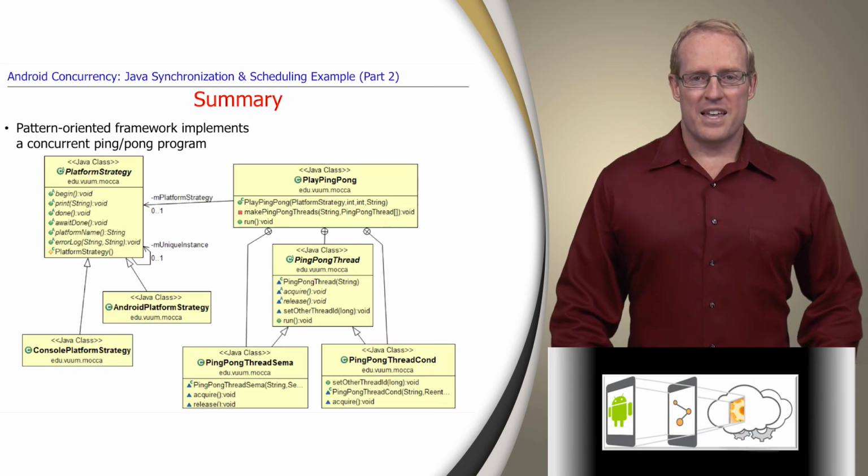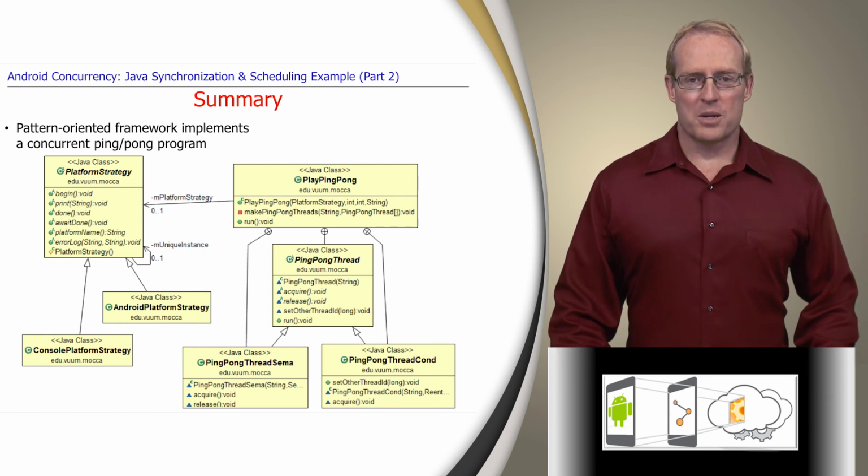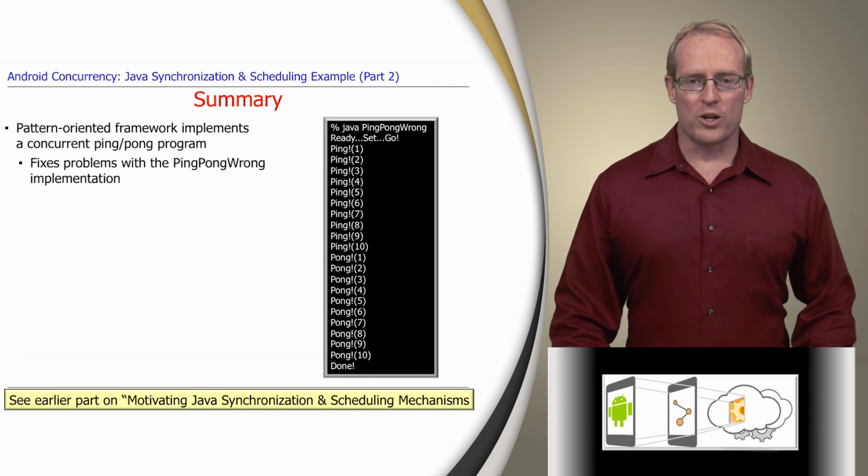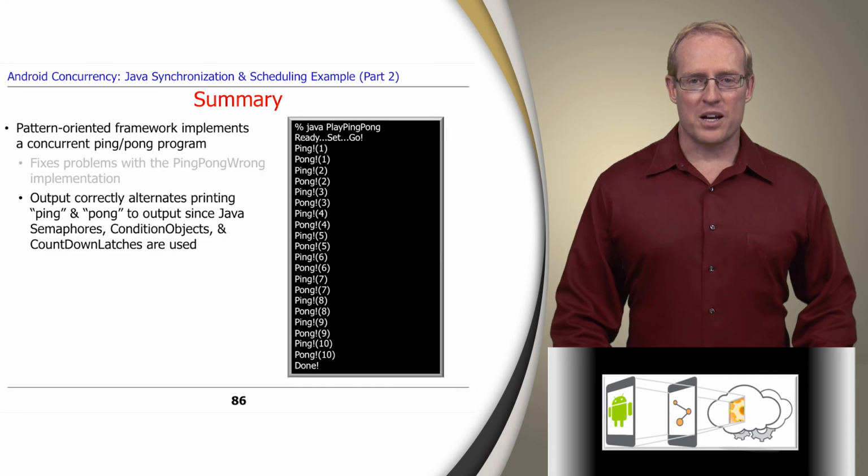In summary, this video analyzed the implementation of a pattern-oriented framework that supports a family of related concurrent ping pong programs. Unlike the buggy implementation we examined in an earlier video, this framework was customized and configured with Java semaphores, condition objects, and countdown latches to correctly alternate printing ping and pong on the computer console.